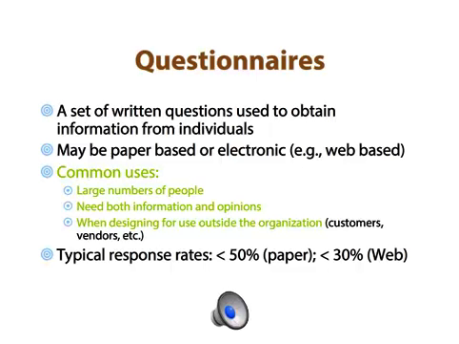This lets us get to large numbers of people, and we can have very structured questions with a Likert type response scale from 1 to 7, or we can have open-ended questions, so we can get qualitative information as well as quantitative information.